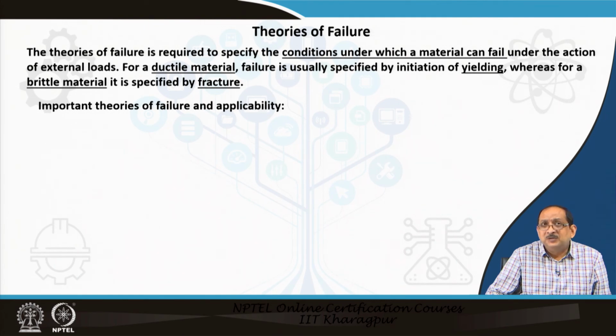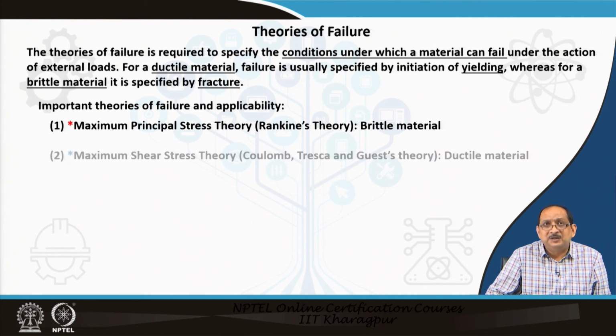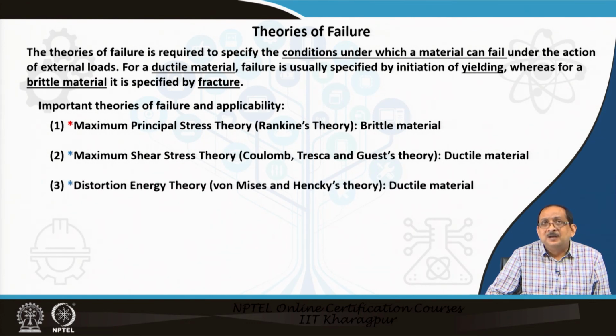Some important theories of failure and their applicability are listed here. The first is the maximum principal stress theory or Rankine's theory, which is applicable for brittle material. Maximum shear stress theory, popularly known as Tresca theory, is applicable for ductile material.